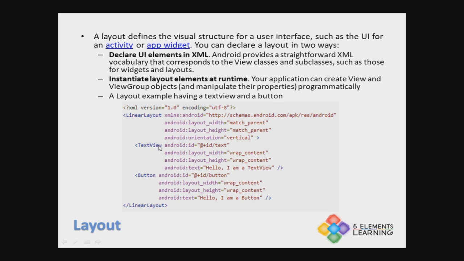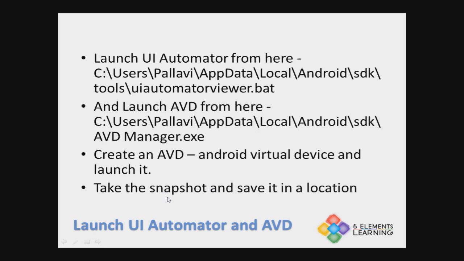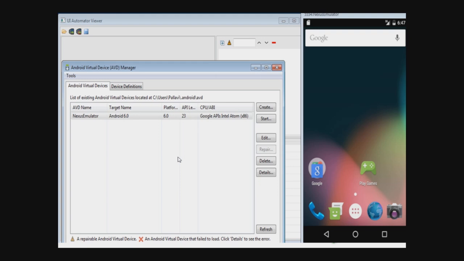The text view object has an ID property, a width property, a height property, a text property. Similarly, a button has an ID, width, height, text, etc. So we used the UI automator and launched our AVD.